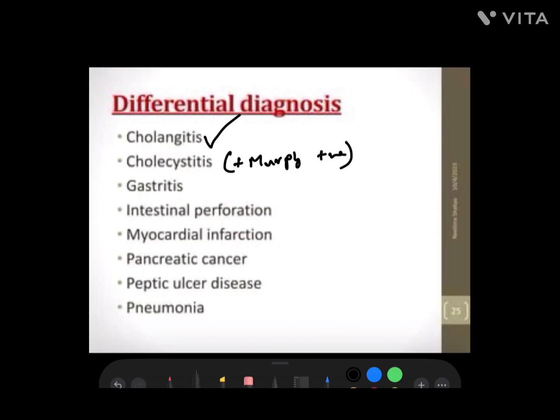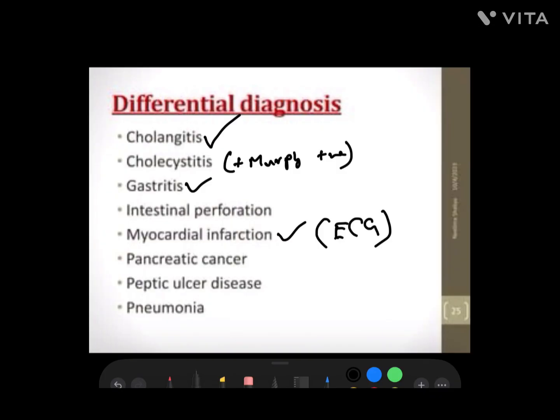Next, gastritis. We have to ask when the patient gets the pain, after eating food or before eating food, so we can differentiate. Next, intestinal perforation. If the patient had an ulcer before, we have to rule that out. Next, myocardial infarction. In myocardial infarction we can check with ECG, so we can easily diagnose it.